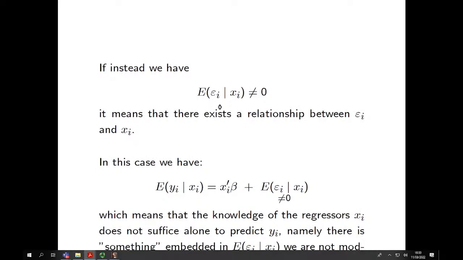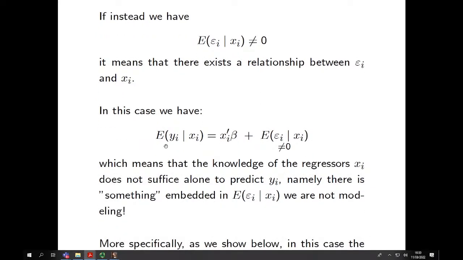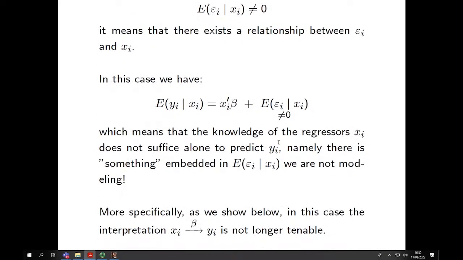That is the point. If we have a situation where this conditional expectation is different from 0, we understand that my prediction of y given the x's will be no longer equal to this term here, but plus, I have to take into account this element, which is different from 0. So the knowledge of the regressors alone is not sufficient to predict y.